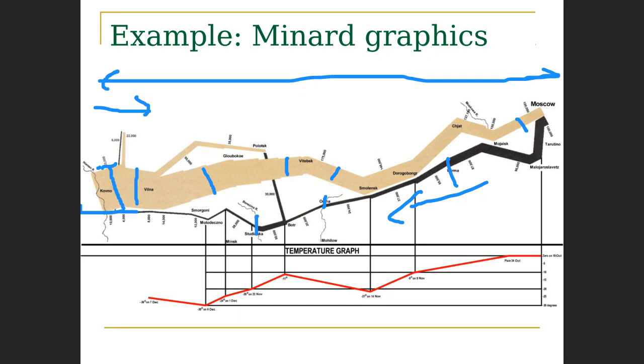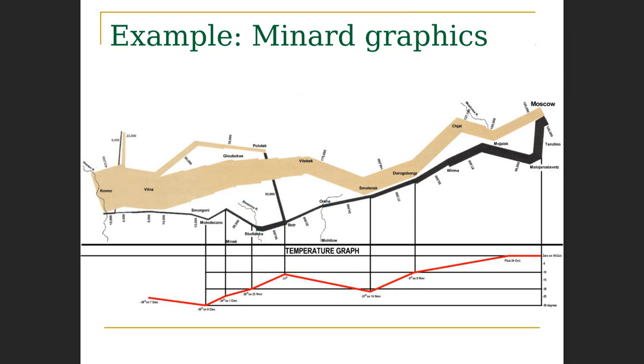And obviously, bridges were destroyed. So on the way there, they were crossing rivers by going on ice. On the way back, the ice gave in on some of these. So I think this particular one here is an example of that. Some other things they point out here: battles are marked.